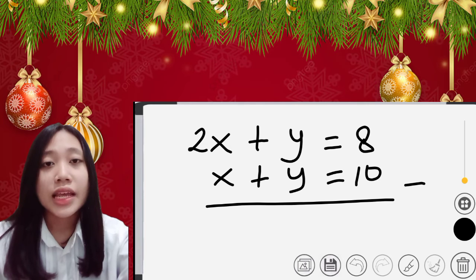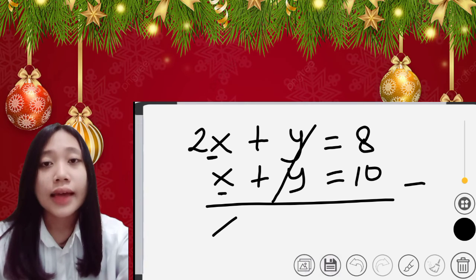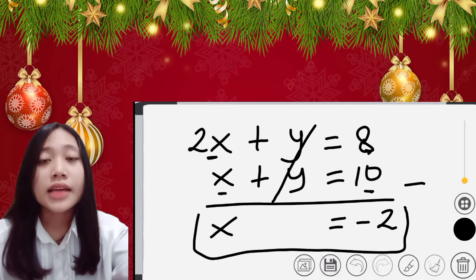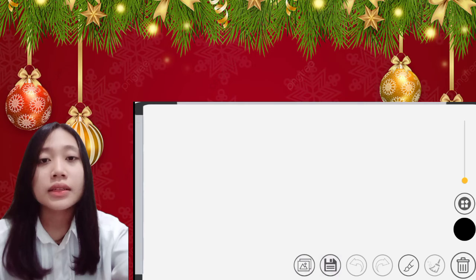Thus, we can eliminate y: y minus y equals 0. Then 2x minus x equals x, and 8 minus 10 equals minus 2. So, we get x equals minus 2. The next step is substitution.